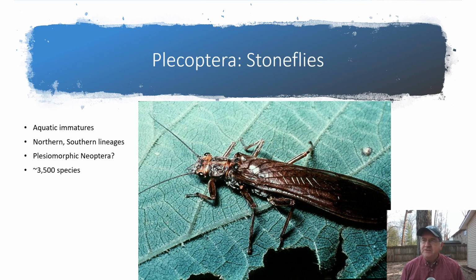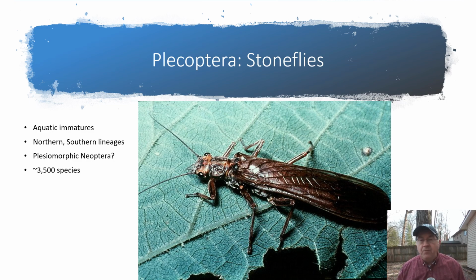The stoneflies are interesting in that if you look at their phylogeny, they're basically broken into two lineages. One in the northern part of the world, basically Laurasia, the northern continents, and a southern Gondwanan lineage. Some people have interpreted the Plecoptera as basically a very plesiomorphic Neoptera, and in the context of Polyneoptera, we're going to see lots of little groups that are very highly specialized.